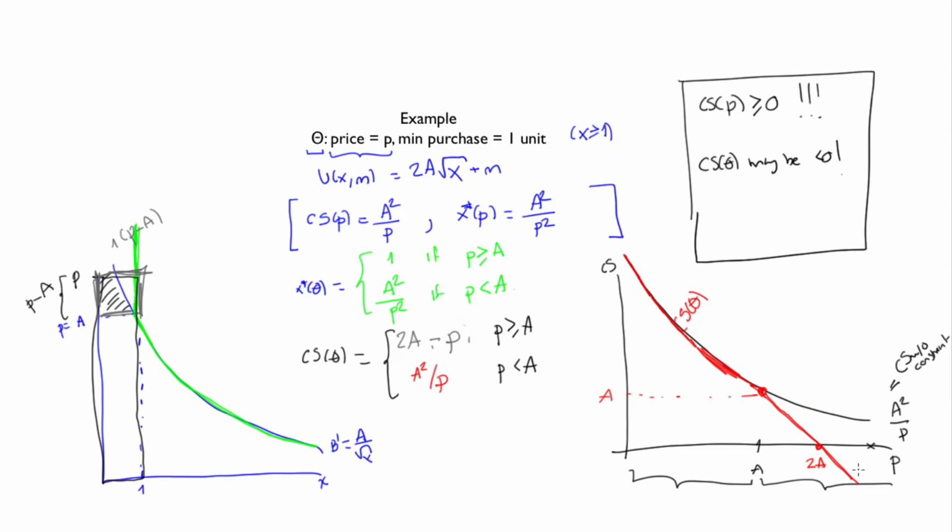It's negative, but it's the best you can do. So, key lesson, in general, the consumer surplus may not be positive if you are in situations in particular in which there are these types of constraints that may lead you to do things that you would naturally not want to do.